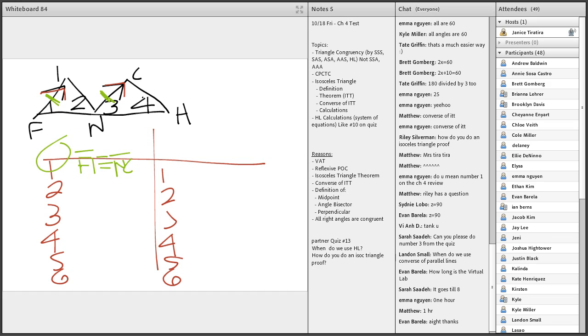There's more given, okay? I'm not writing everything down. I just can't fit it here. And the last one is N is the midpoint of FH. So let me label that. N is the midpoint of FH, meaning this is going to have tick marks now. N is the middle of segment FH. So that was all given.